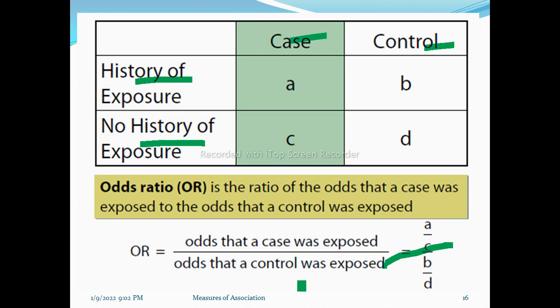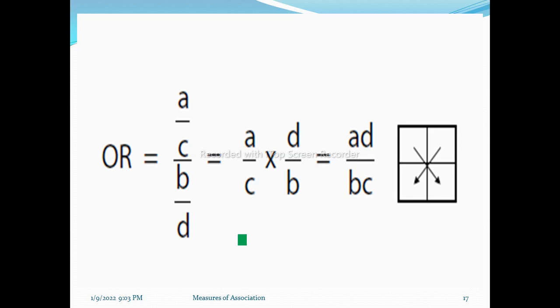AD over BC is the formula for calculating odds ratio. So odds ratio means A over C divided by B over D, which is A over C times D over B, that is AD over BC.